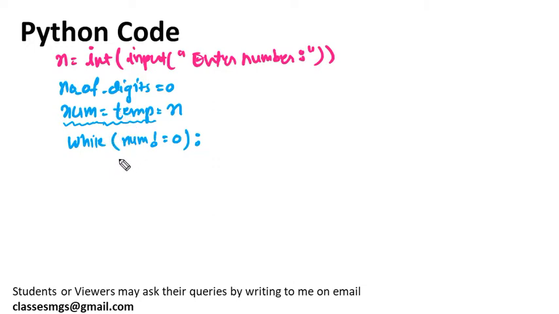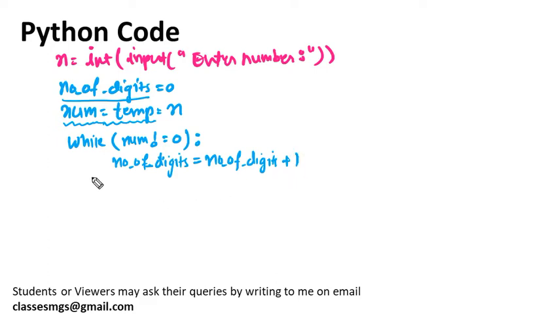Now what you need to do, you need to calculate the count variable. Number of digits you need to increment. Initially it is 0, so number of digits equals number of digits plus 1.